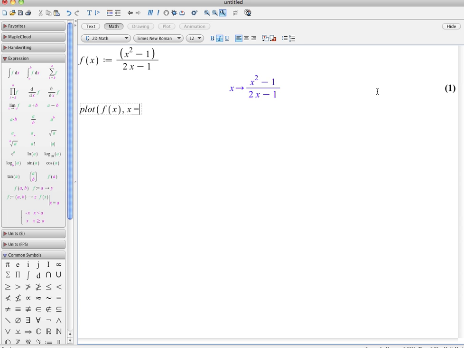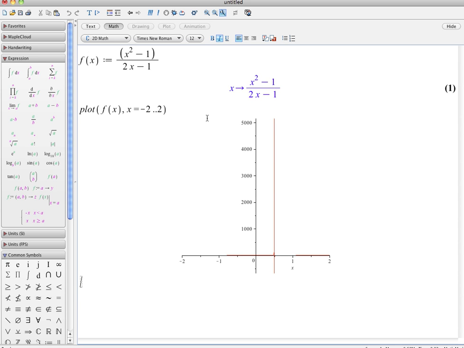X equals, all the action happens at 1/2, so I'm going to say like negative 2 to 2. Let's just do that and see what we get. And man, it just went crazy on us. So I'm going to have to put in bounds for my y. So how about y equals negative 2 to 2? Let's see what happens there.